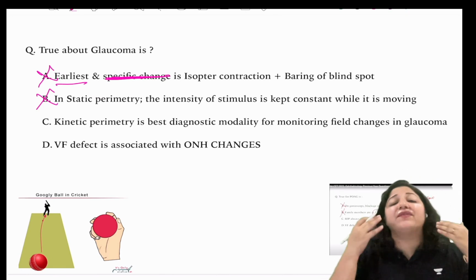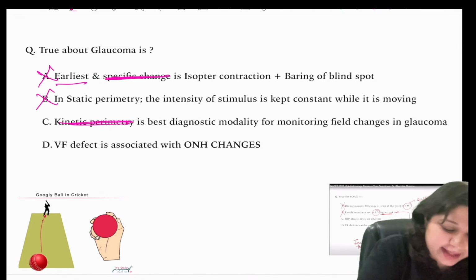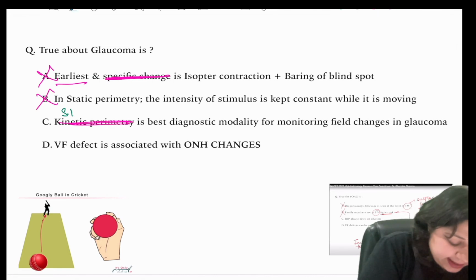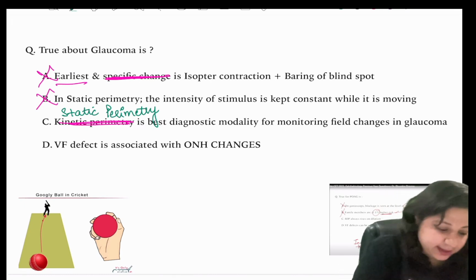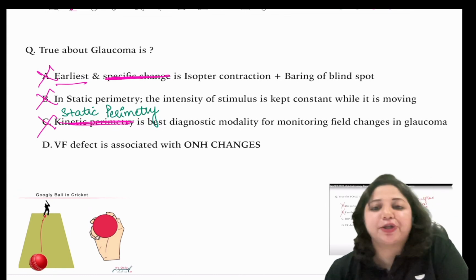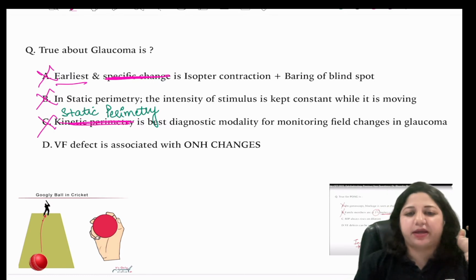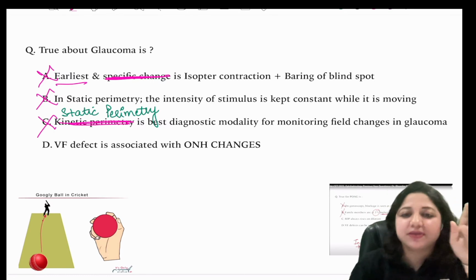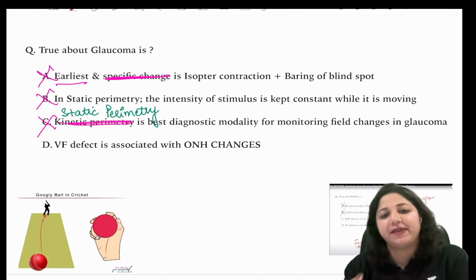Is it? No, we have learned so many times. It is not kinetic perimetry. What is the correct answer? The correct answer is static perimetry. That also makes sense. So this is also wrong. Visual field defect is associated with optic nerve head changes. Now you would say, ma'am, D is correct. But I would like to say, hold on. This was a repeat question from the PYQs.